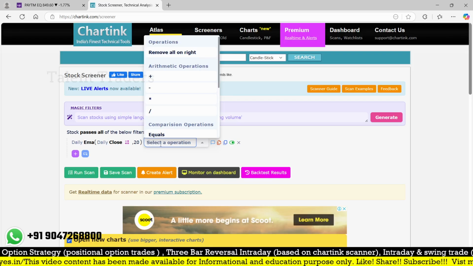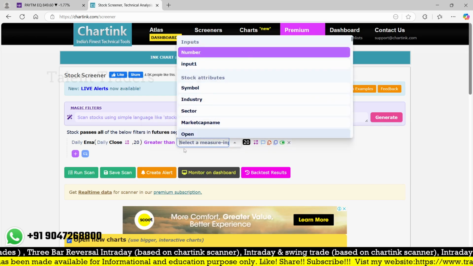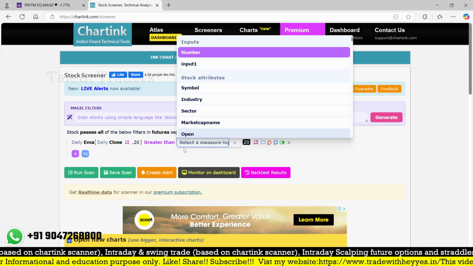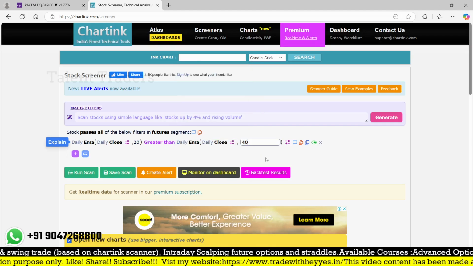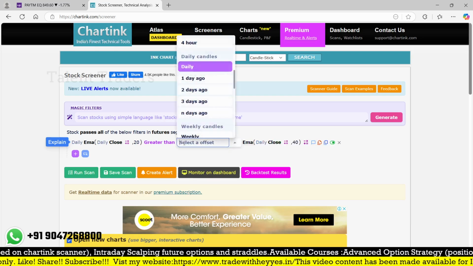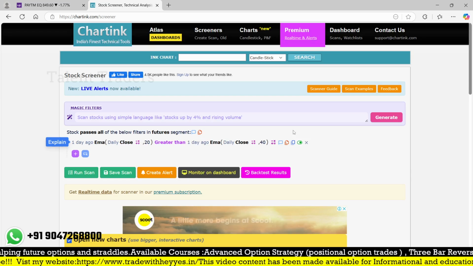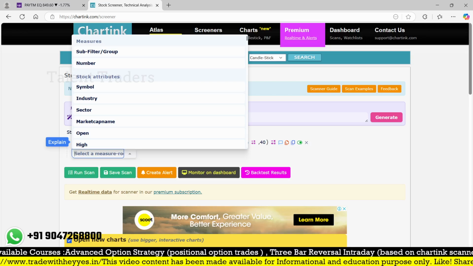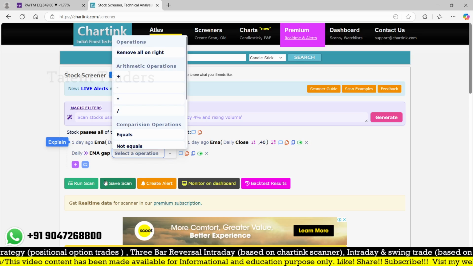In this case it must be greater than, because previously it was less than. EMA 40 as well, so 20 and 40 we are going to use, for 1 day ago and then now. We are going to add one more condition. So for the EMA gap, there are two different scanners which we have created.